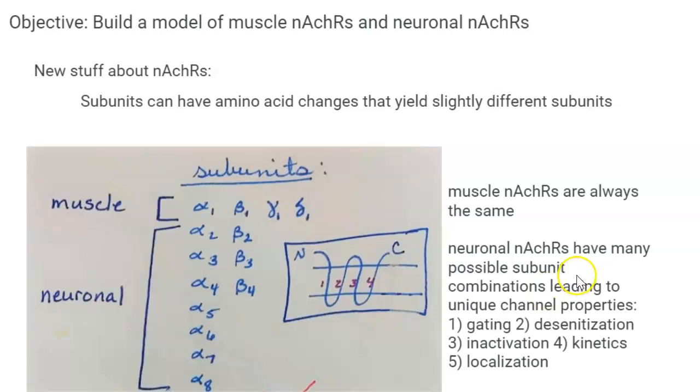Now, the neuronal nicotinic acetylcholine receptors have many different possible subunit combinations. Those changes in subunit combinations can change the properties of the channel.